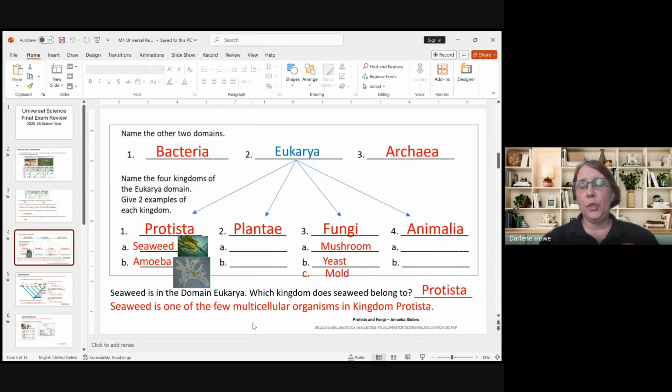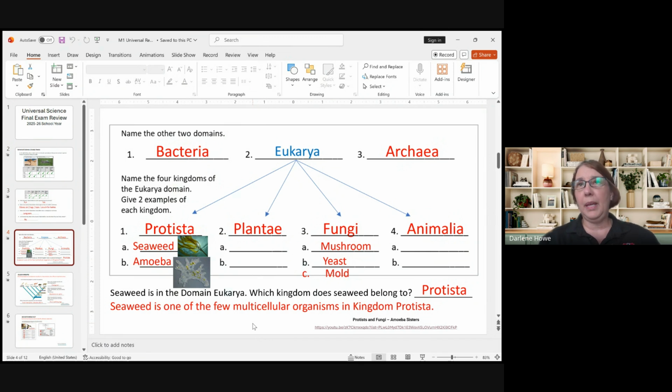They usually are multicellular, meaning they have more than one cell. When you talk about people, we are in the domain eukarya and the kingdom Animalia. And people are multicellular.